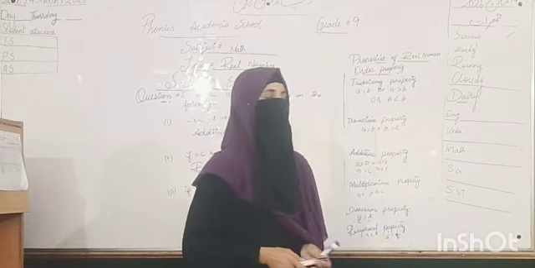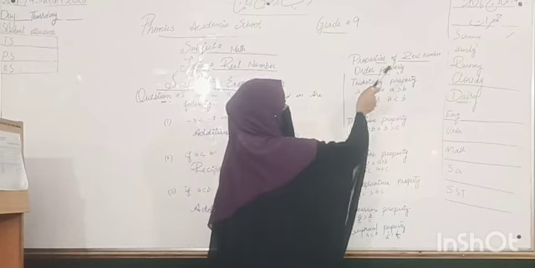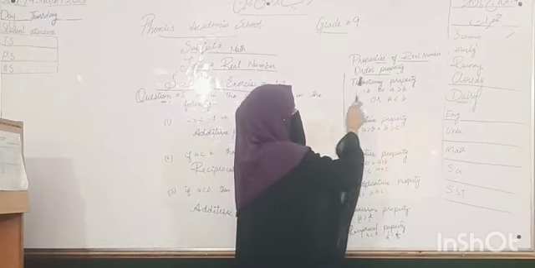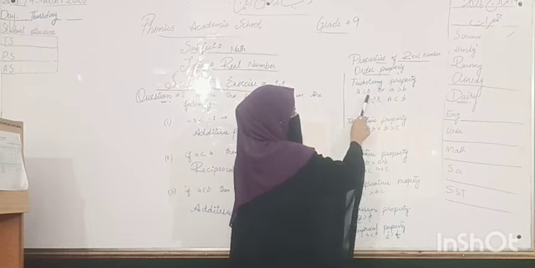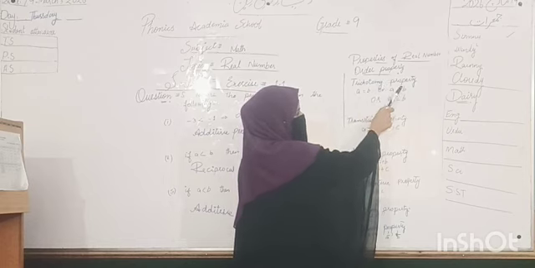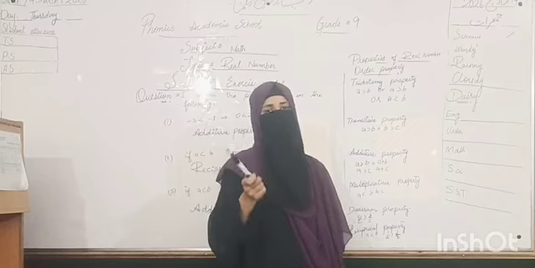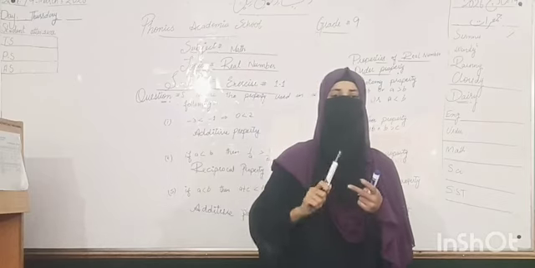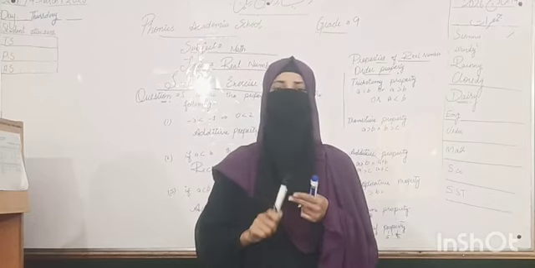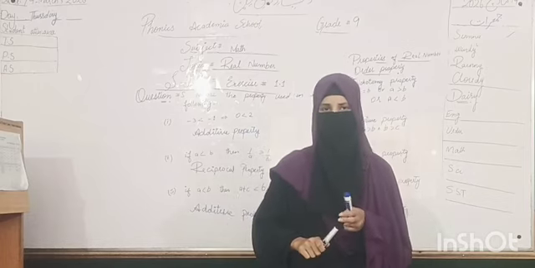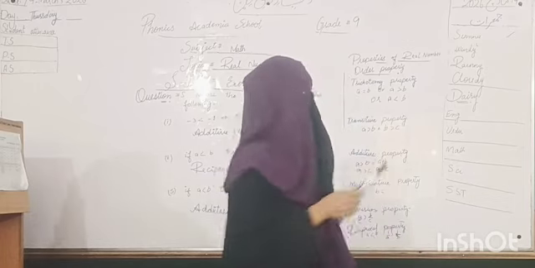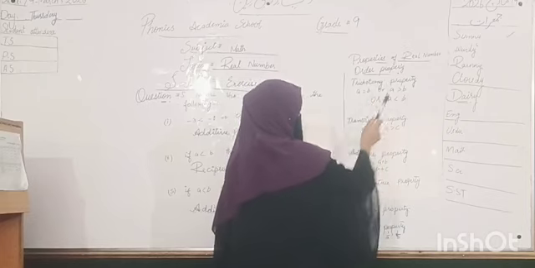So let's start, students. You have the properties of a real number, the order properties. First, the commutative property: A is equal to B, or B is greater than or less than A, B, C. It is not an addition sign, it is not a subtraction sign. If the sign is greater than or less than, it is called the transitive property.